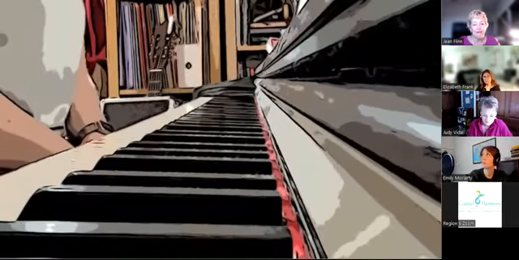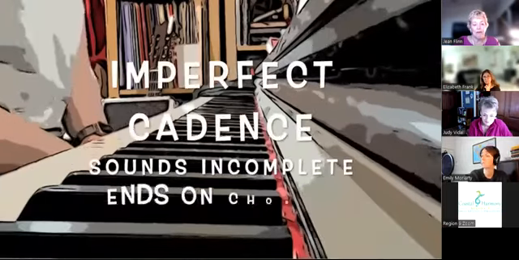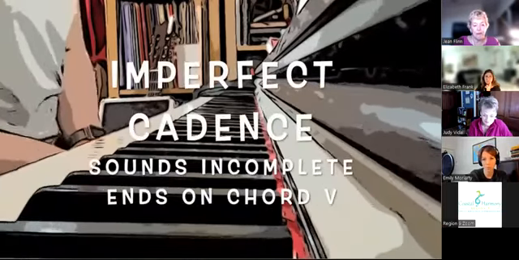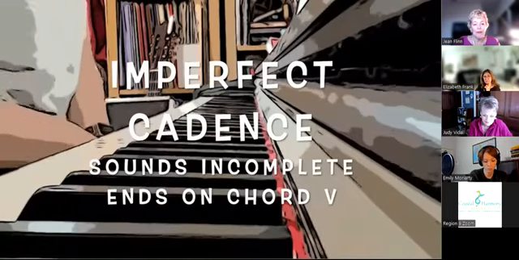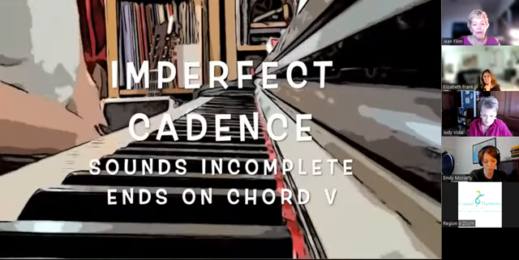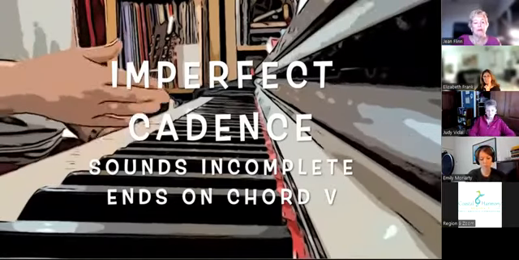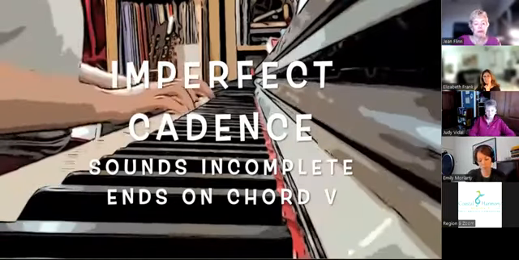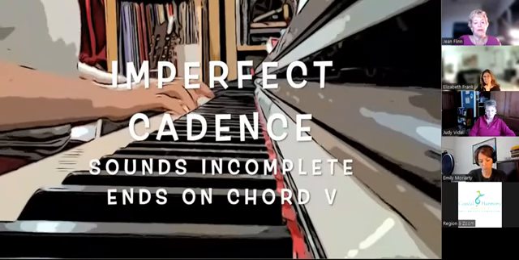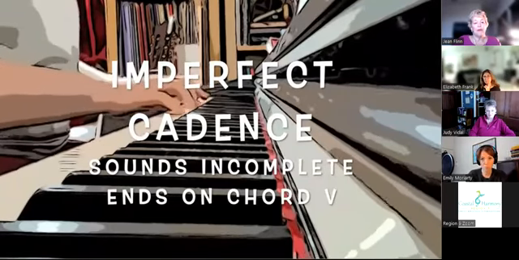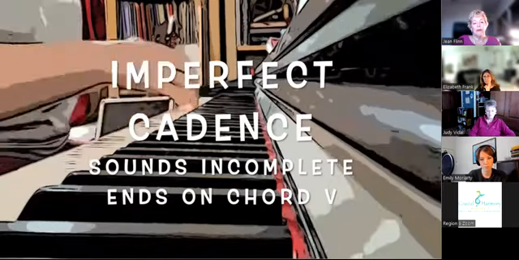If we now have a listen to one that sounds incomplete, that would be an imperfect cadence that usually ends on chord 5. It might be chord 1 to chord 5, it might be chord 2 to chord 5, but it always ends in 5, therefore you feel as if it's not quite finished yet. It would maybe go like that, and it's not quite done yet.